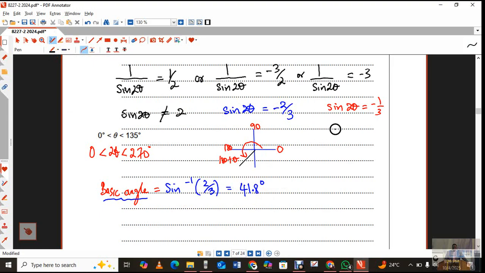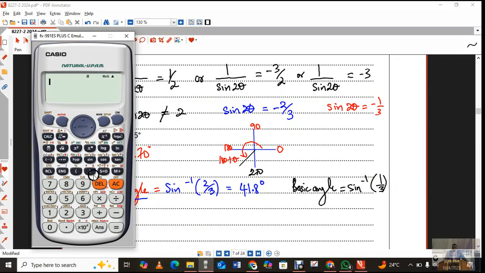And what is the other basic angle going to be for the red one? It's also going to go in that quadrant. Okay, it's within our new domain, because it's between 0 and 270. So the basic angle on this one will be the inverse sine of 1 over 3. Do not put that negative value there. I'm doing them simultaneously.